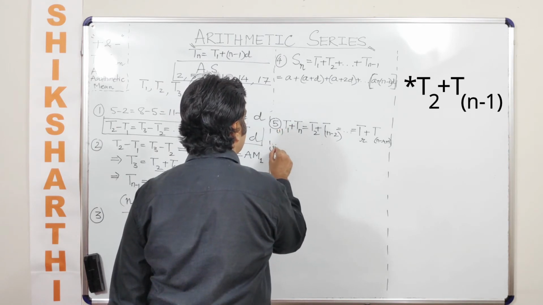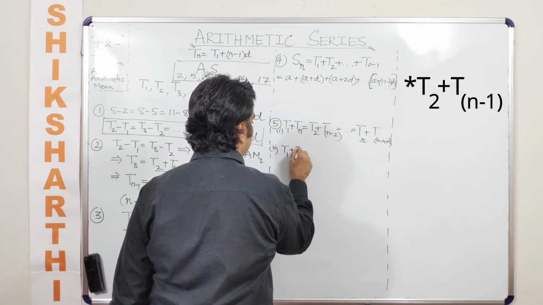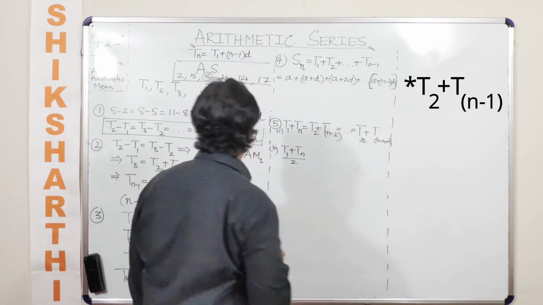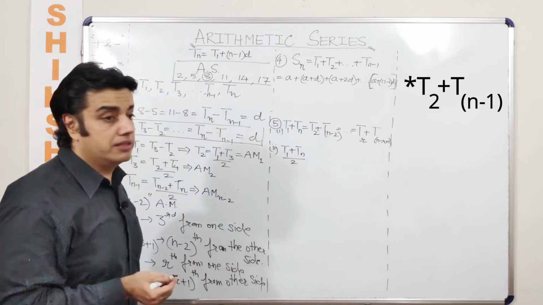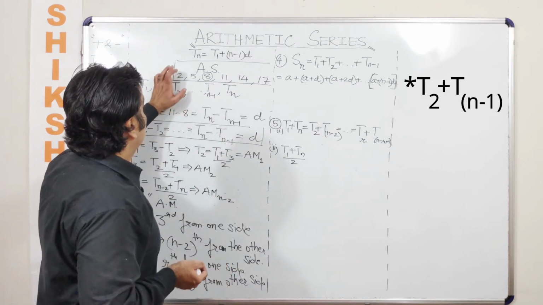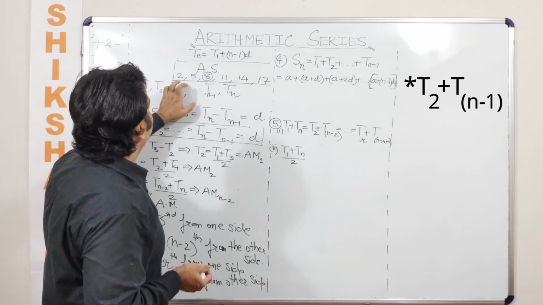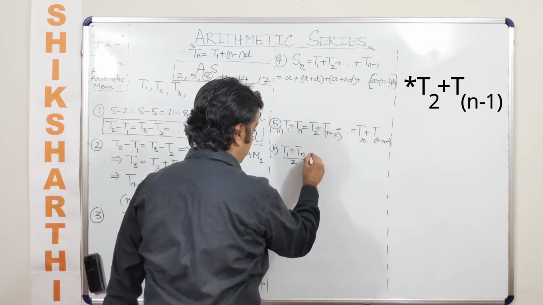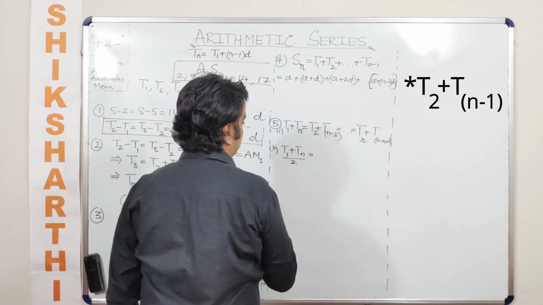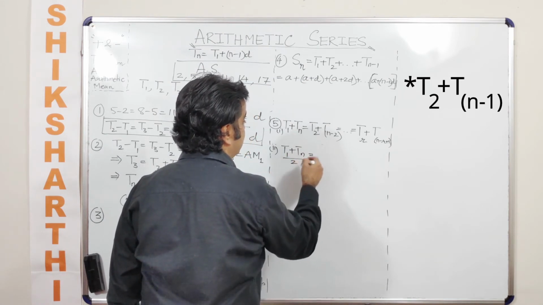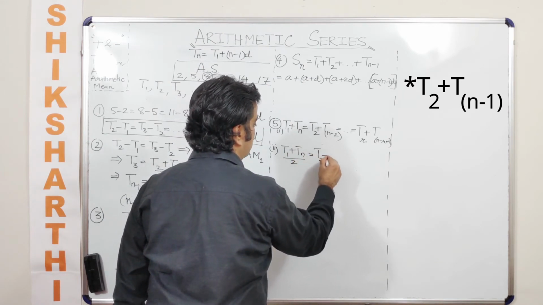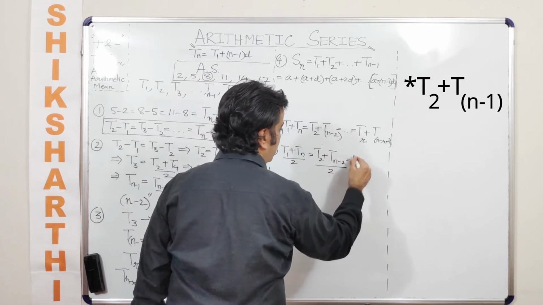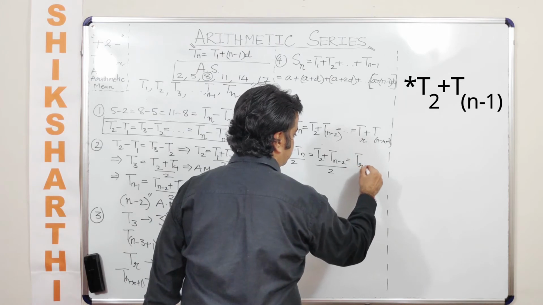Point number 2, can I say t1 plus tn divided by 2 is just like you are finding out the arithmetic mean. So let's say if I want to find out the arithmetic mean of this entire series, that is what we are doing now. So now t1 plus tn should be written as t2 plus t of n minus 1 divided by 2, and so on and so forth, as we discussed.